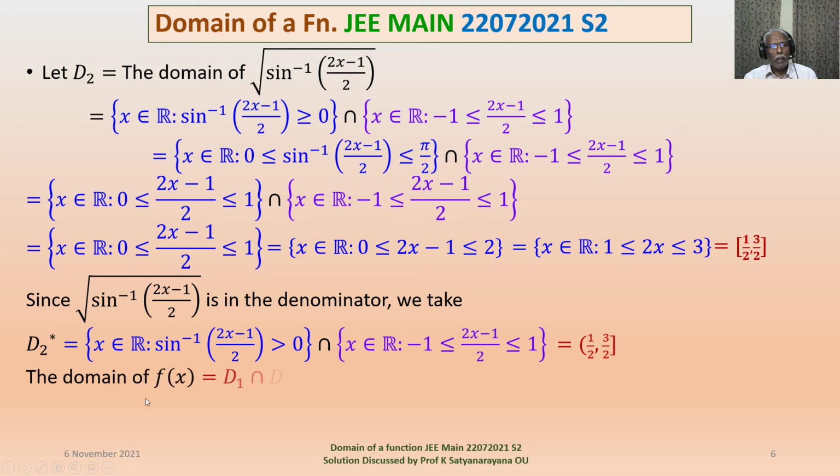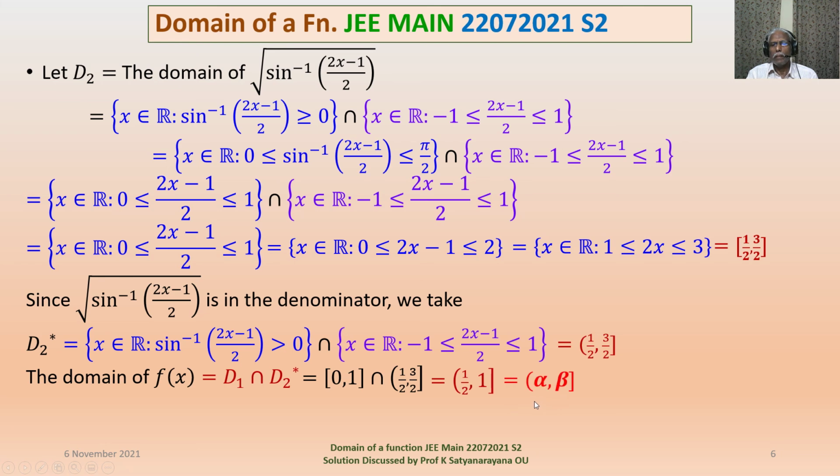Now the domain of f of x is D1, the domain of the numerator, intersection the domain of the denominator D2 star. D1 is the closed and bounded interval 0 to 1, intersection 1 by 2 to 3 by 2, open at 1 by 2 and closed at 3 by 2, and the intersection is the semi-open interval 1 by 2 to 1, open at 1 by 2 and closed at 1.